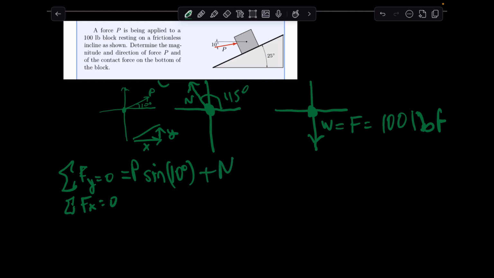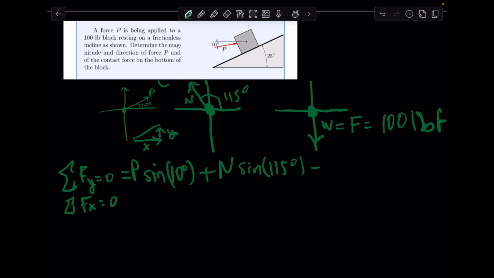N, same idea, sine of 115 degrees. And then we're going to add our weight, our 100-pound weight acting down. So it's going to be a negative since it's acting in a downward direction, right?